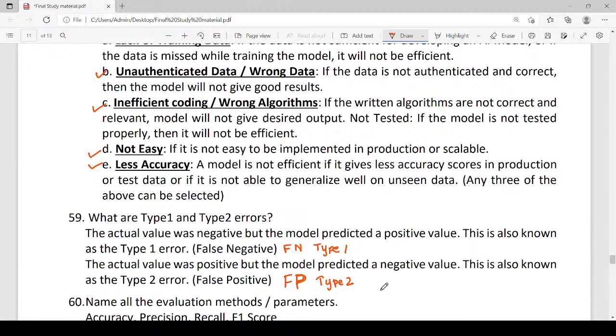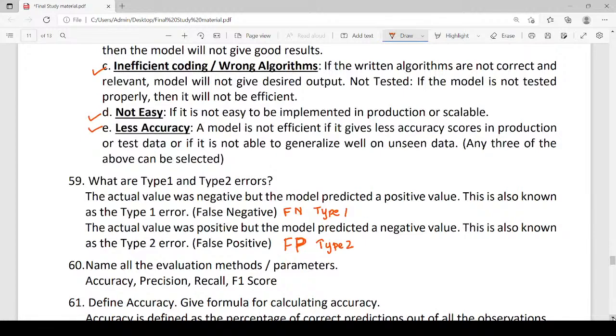Yes, Hemshri. F1 score, recall, 2 more parameters. Accuracy, precision, recall and F1 score. Excellent, Suhail. So these are the 4 parameters that are used in evaluation: accuracy, precision, recall and F1 score.